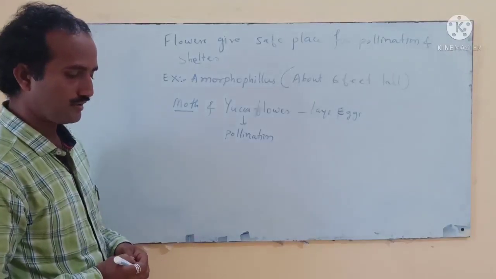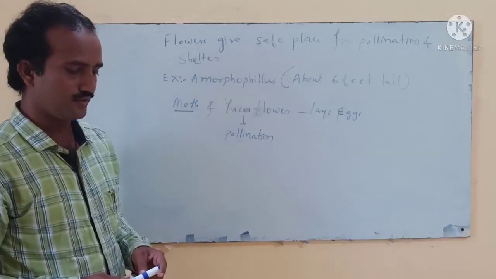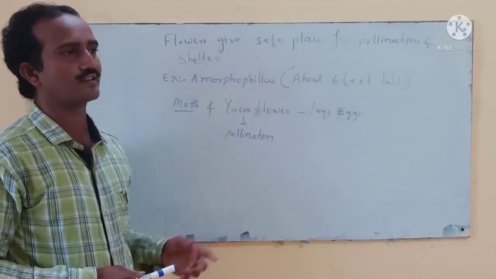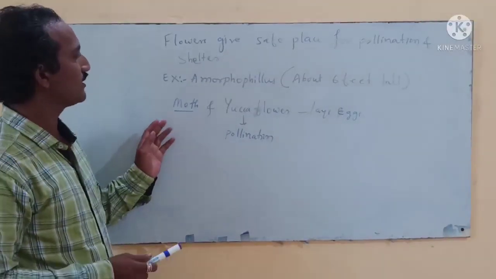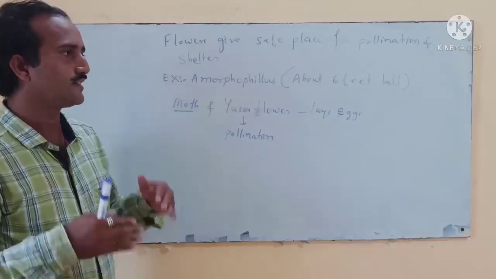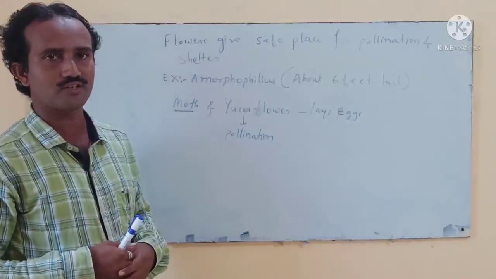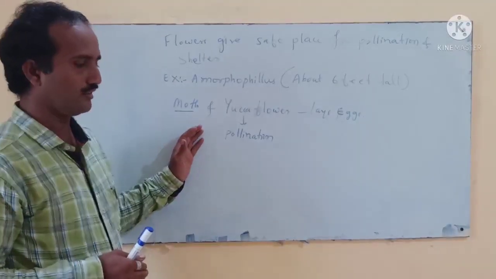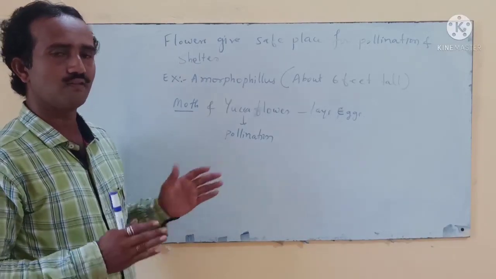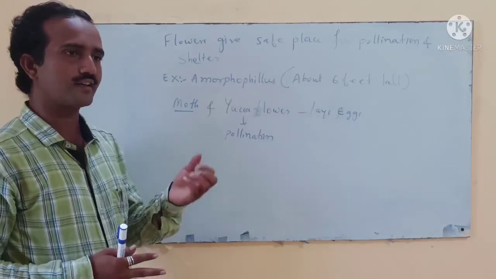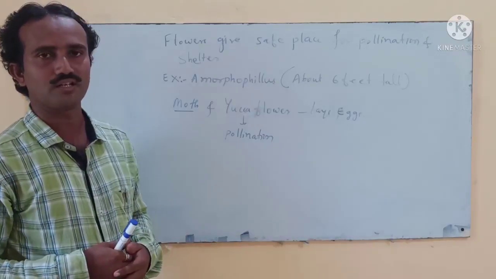This is the one thing. Then many insects will consume the pollen grains and the nectar, but they do not carry out the pollination. Normally we can state that insects get the nectar, get the pollen grains and carry out the pollination. But some of the insects will not carry out the pollination. They get the pollen grains and the nectar from the flowers, but they do not carry out the pollination.